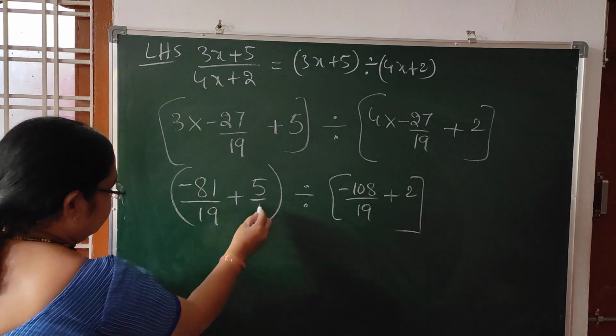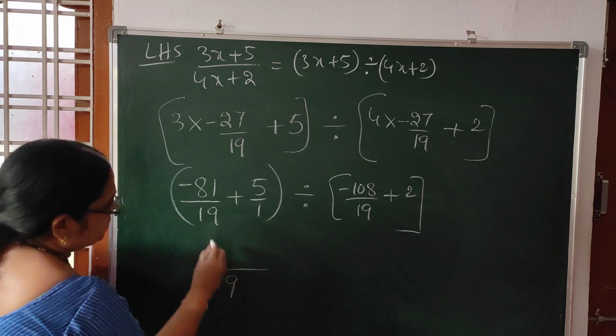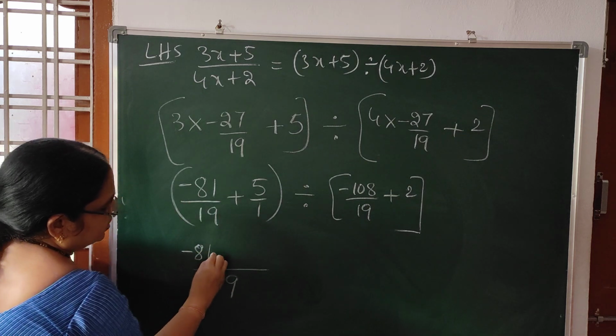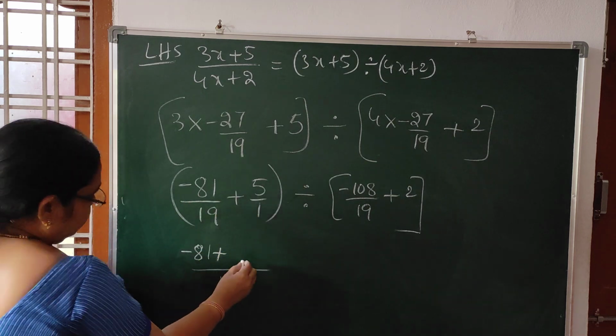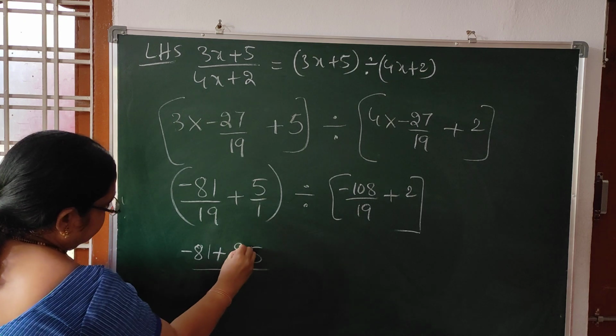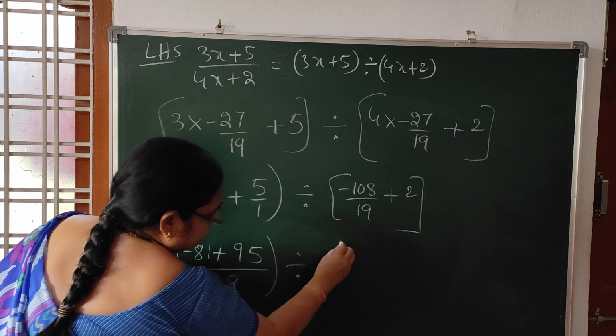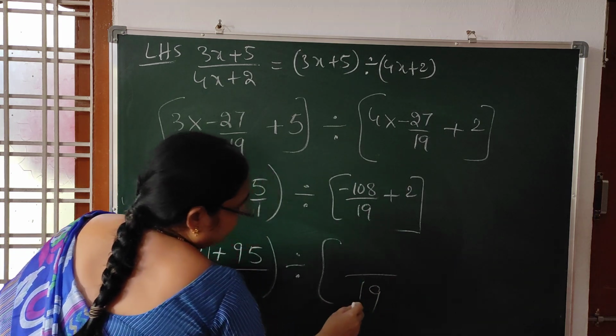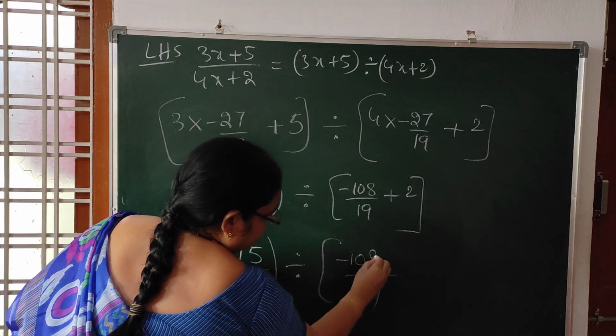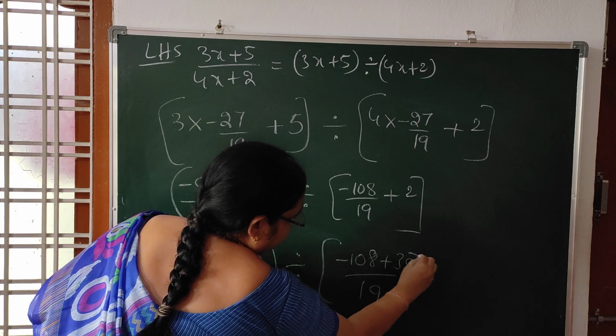Now simplify this. 19 is the LCM. So minus 81, 19 into 5 is 95, divided by, LCM is 19, minus 108, 19 twos are 38.